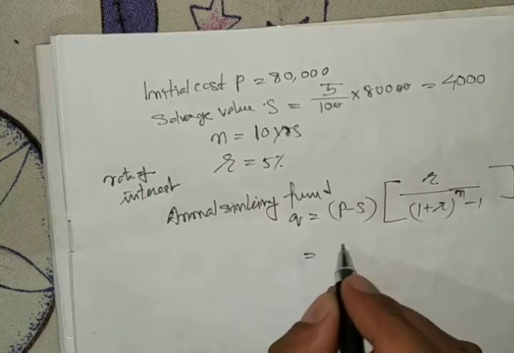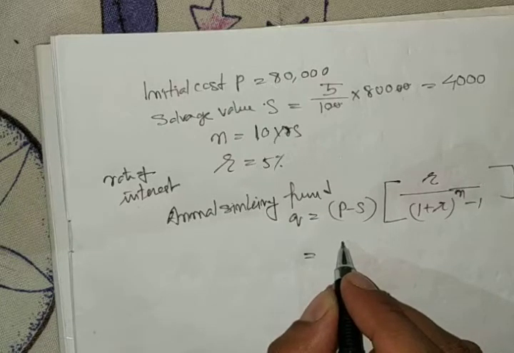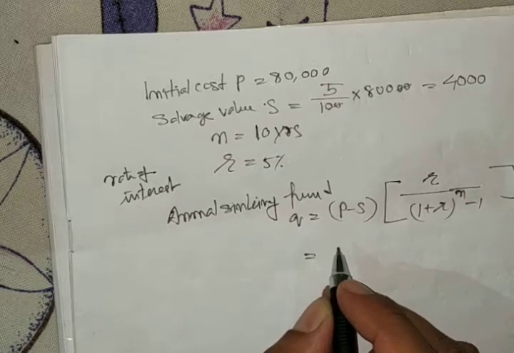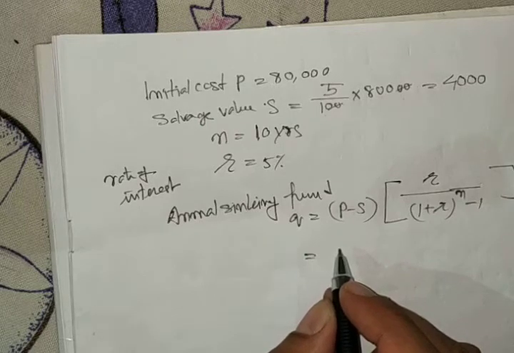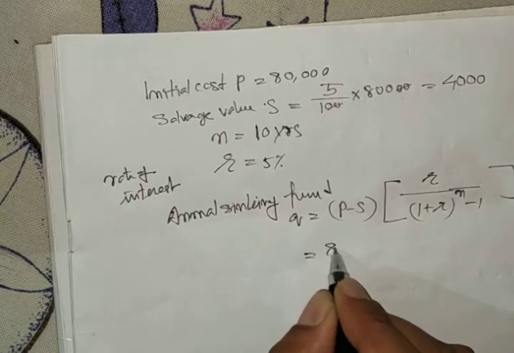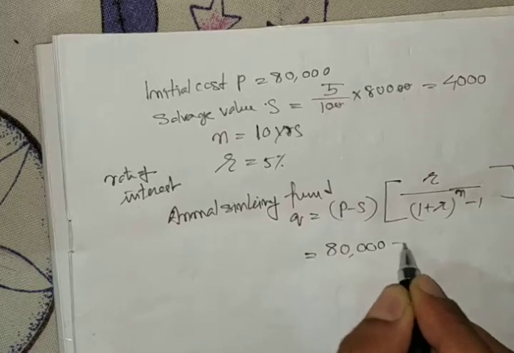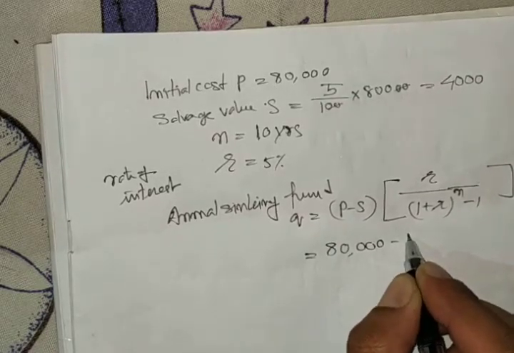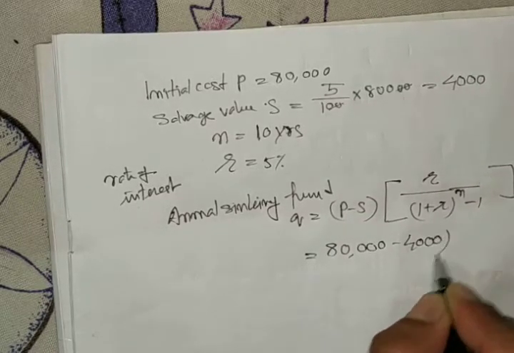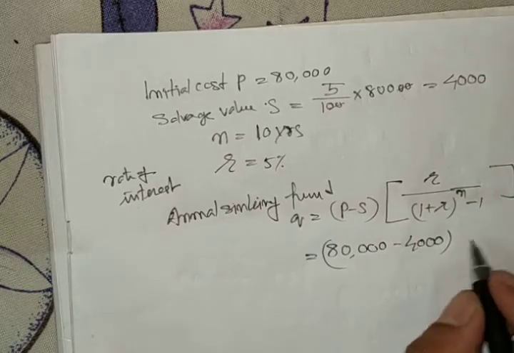Now how much will this value be? P is 80,000, S is 4,000.